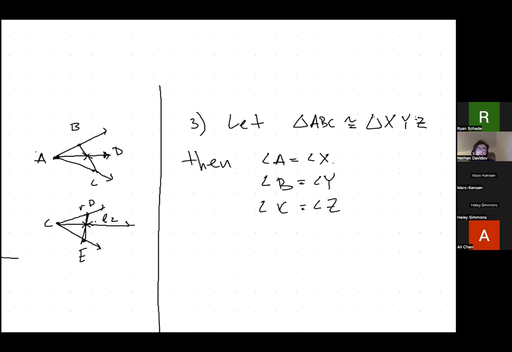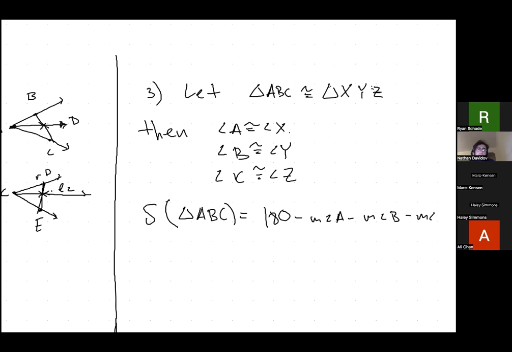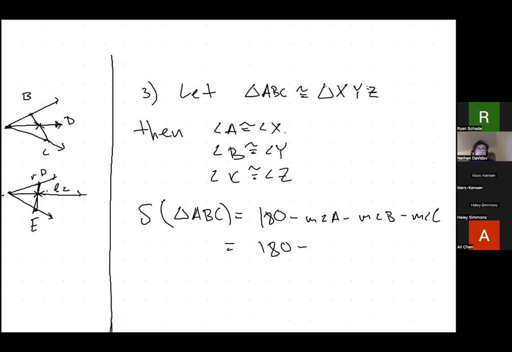Good. Okay, so let's calculate the defect. The defect of ABC is equal to 180 minus the measure of A, minus the measure of B, minus the measure of C, which is equal to this thing when you make the necessary substitutions.